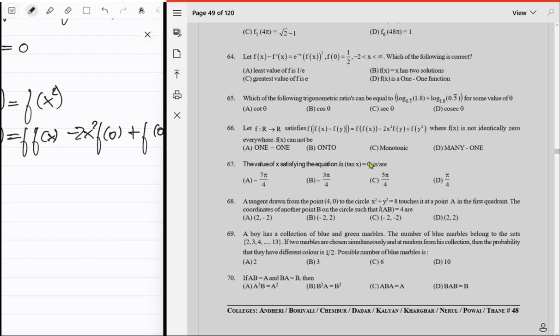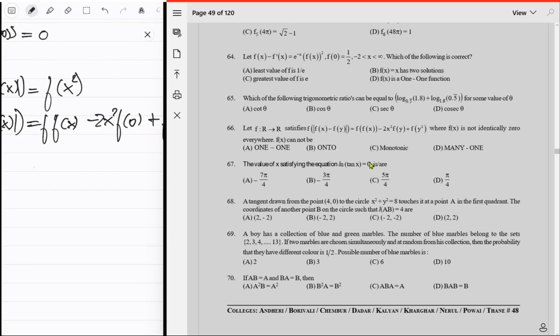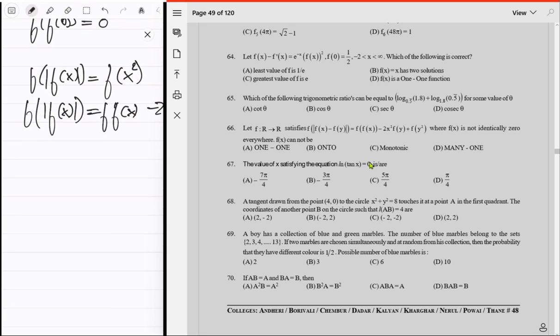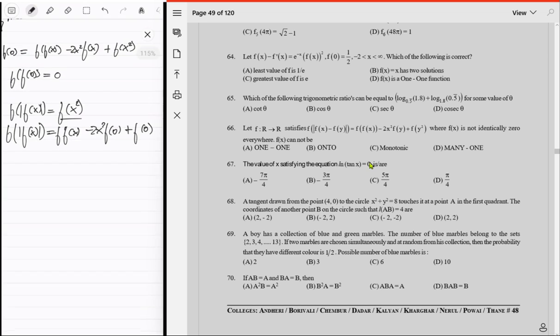Yeah, this happens. Very interesting. Equate these guys, well, that will be equal automatically, and you put x equal to 0 over there. Okay, so that's not going to work.